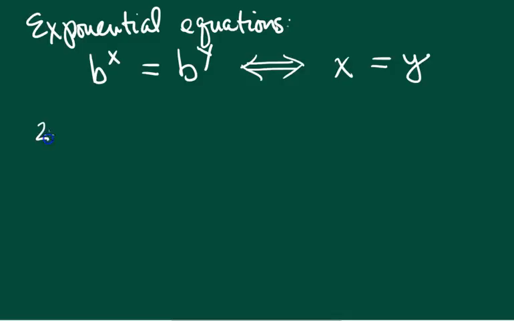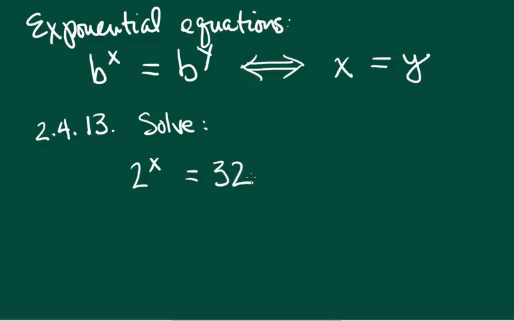So, problem 2.4.13 asks us to solve this equation. 2 raised to the power x is equal to 32. Well, what we need to recognize here is that 32 is equal to 2 to the 5th power. And now we could say with confidence x is equal to 5.